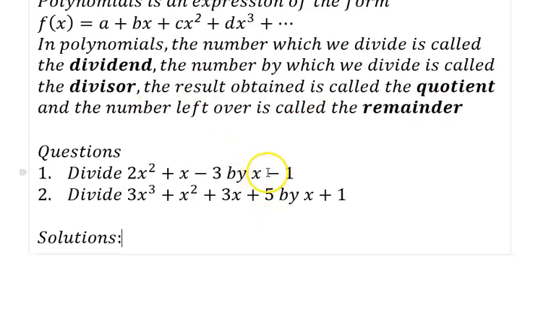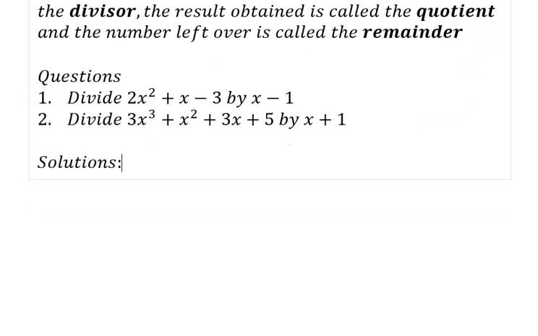This x minus 1 is your divisor, the number by which we divide, because we are dividing by this. The number which we divide is the dividend. Any answer we get at the end of the day is the quotient. So let's see how we can work with this.